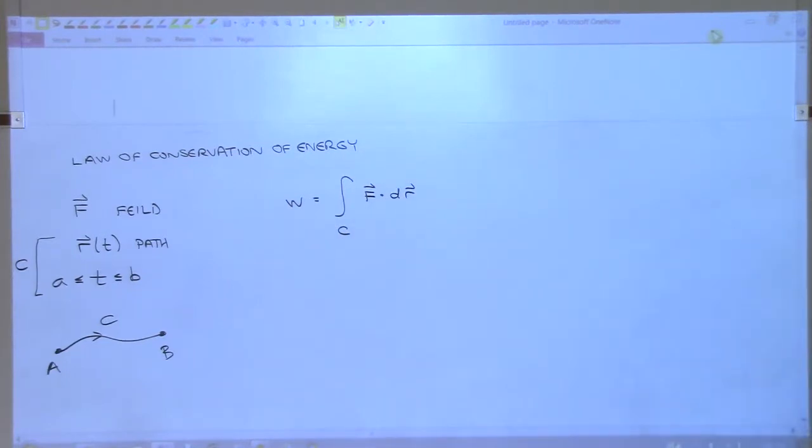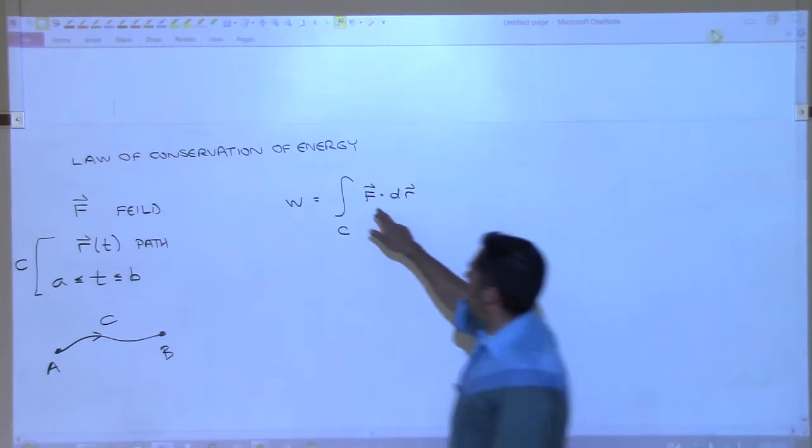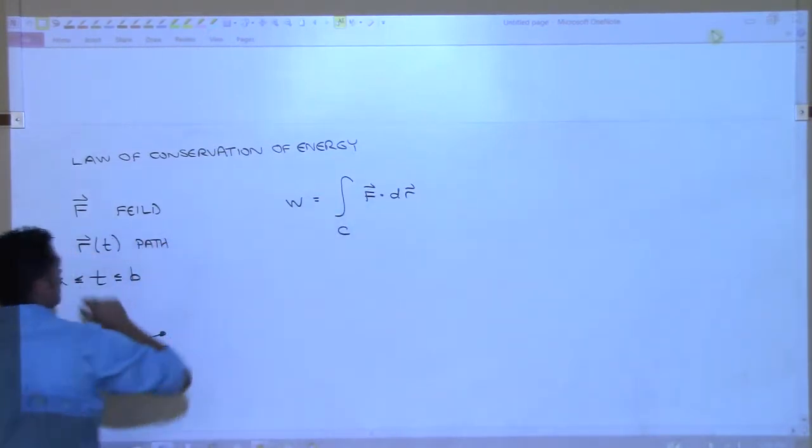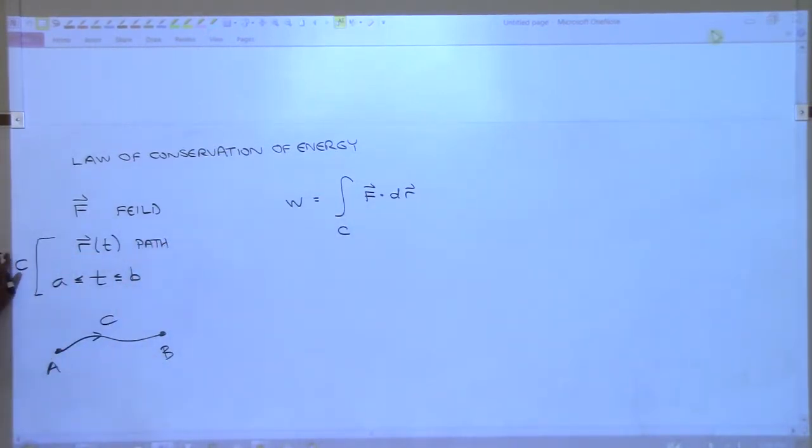Okay, now, this field here, if we're moving something, we did this last class, we can figure out what the field is if we're moving an object that has a mass. We can figure out what force is by mass times acceleration. We did that last class.